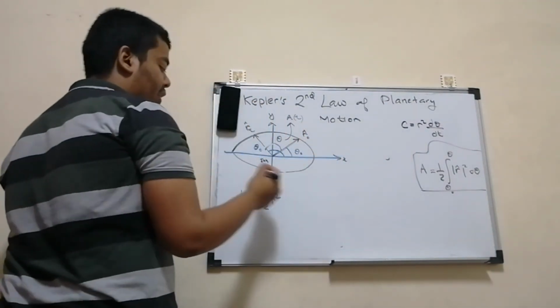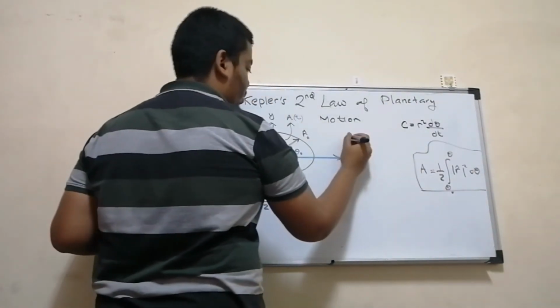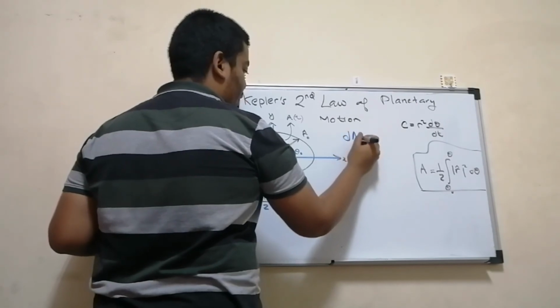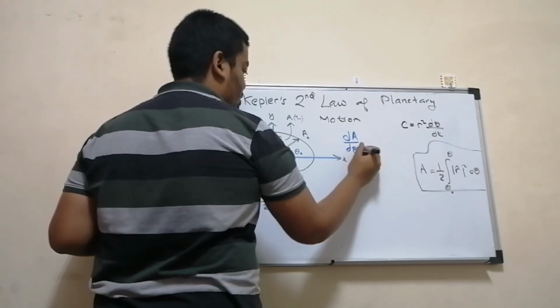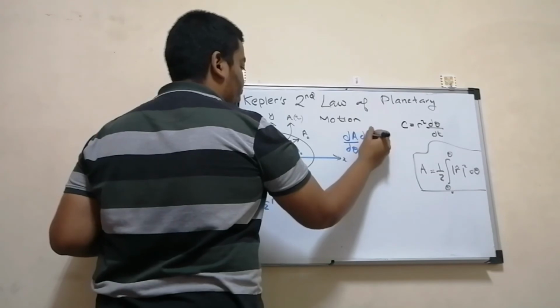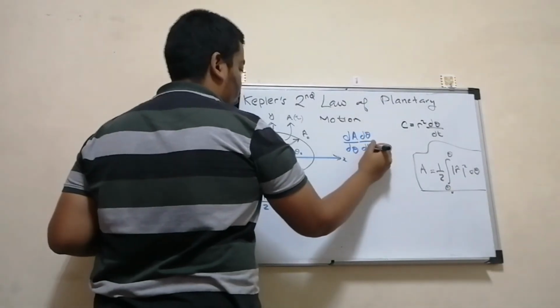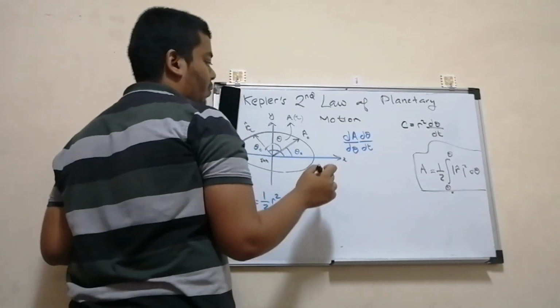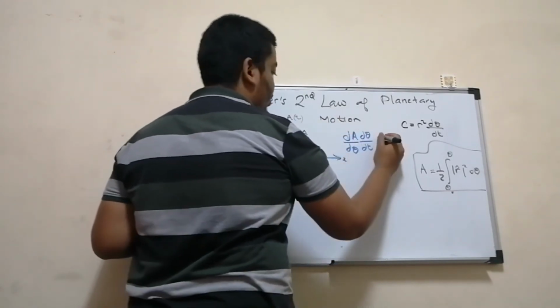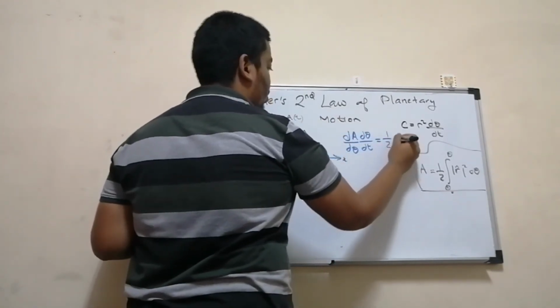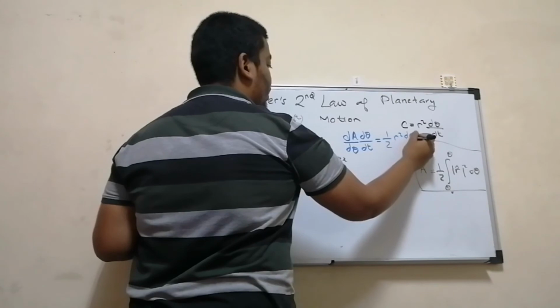I'll multiply the left and the right-hand side with d theta over dt, so that my equation remains the same, and we get 1/2 r squared d theta over dt.